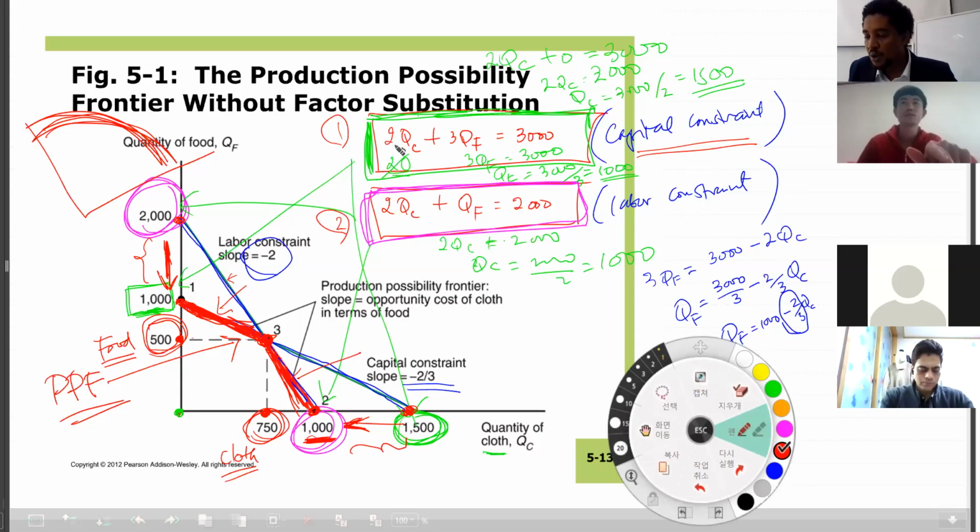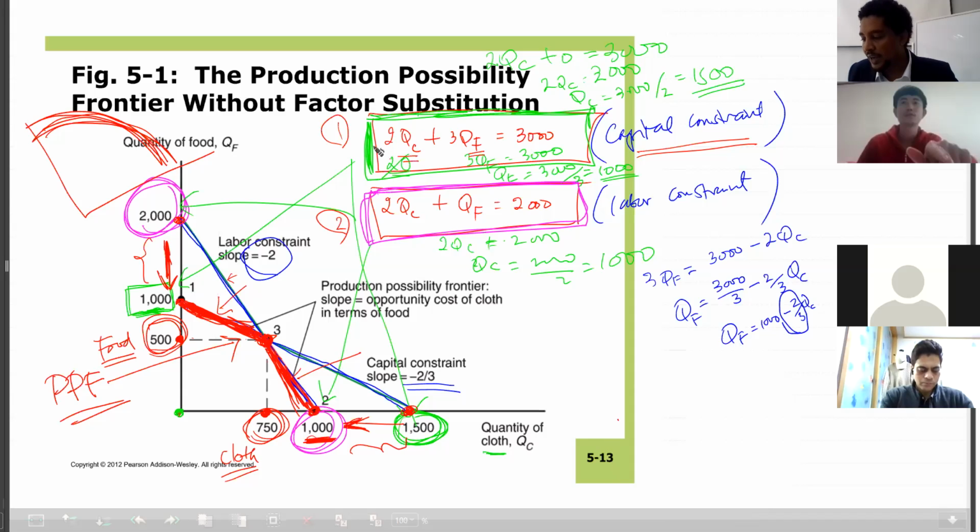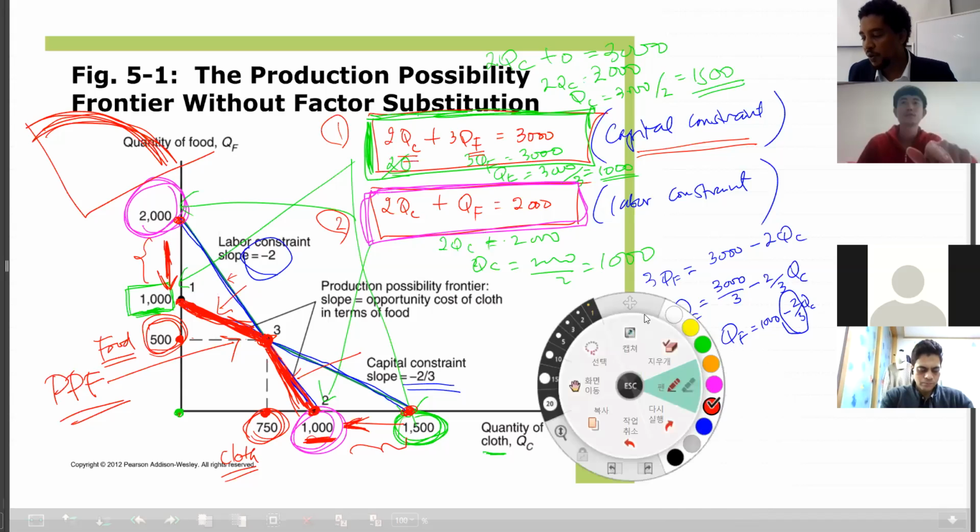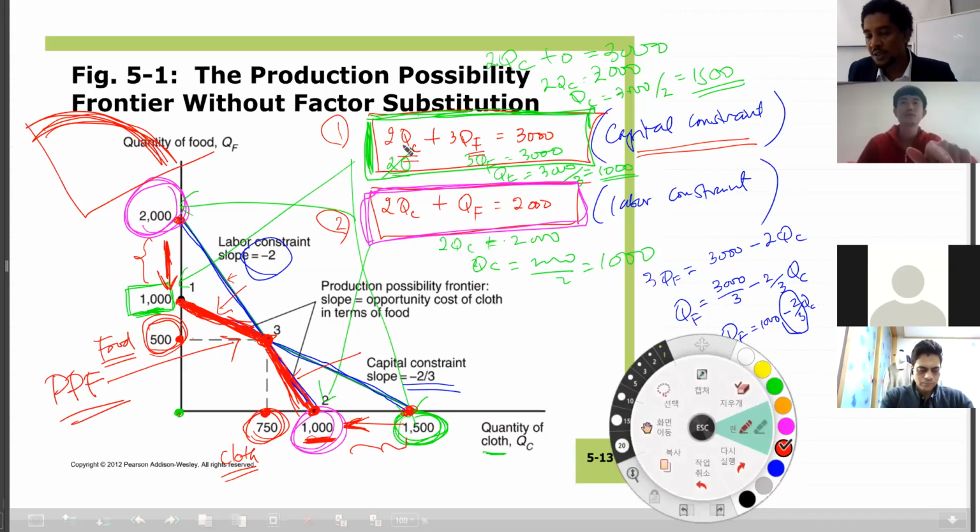When you draw, you can identify the endpoints, right? Use 0 for one of the factors, I mean quantities of production, and compute the other. Use 0 here, compute this one, okay? So now you identify the endpoints for both clothes and food. Then you draw the graph, right?